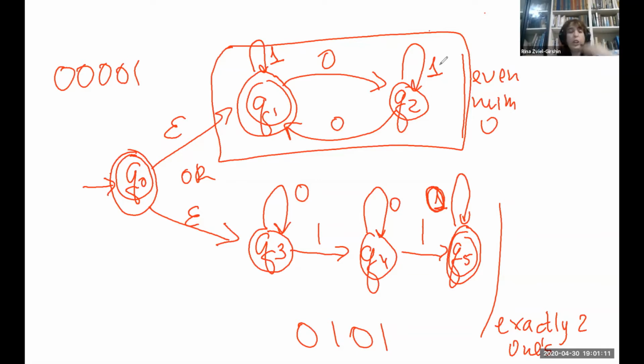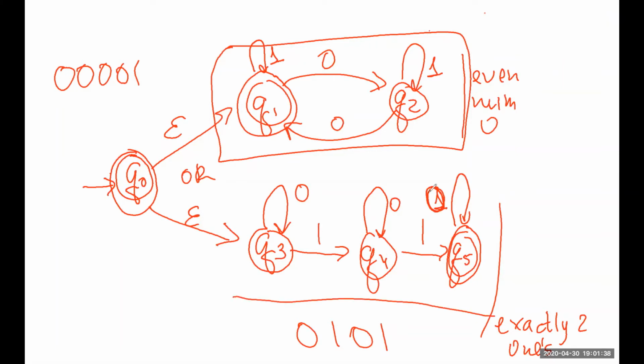And then for each 0, I don't want to know if I have an even or odd number of zeros, but I'm interested only in 2 ones. So if I have 0, I stay in Q3. If I have 0 in Q4, I have a self loop. If I have 0 in Q5, once again, it's a self loop. But it's here, 0, right? It's 0, yes. Okay. This one is 0.